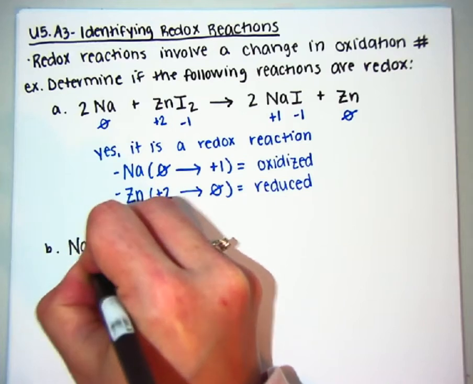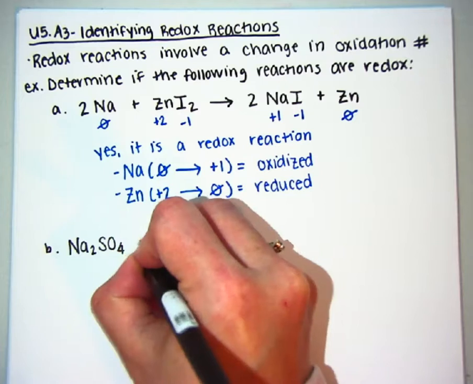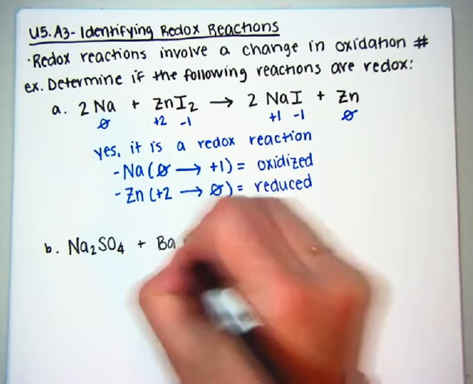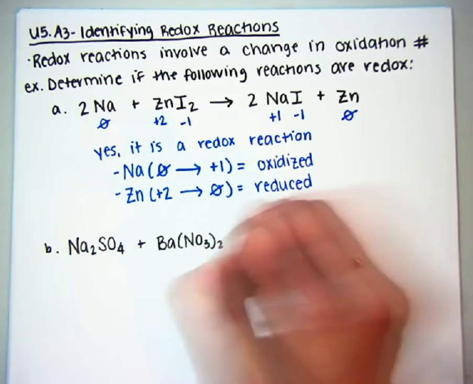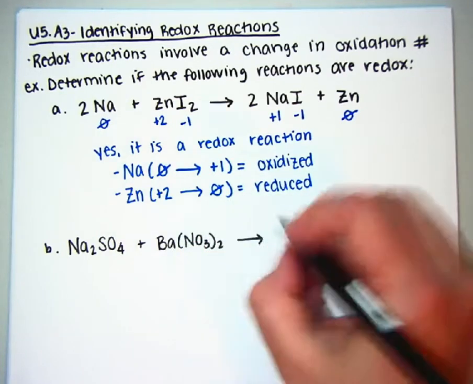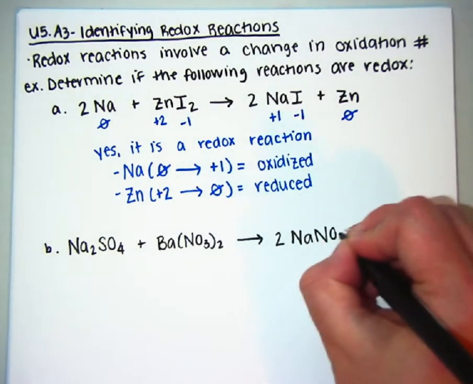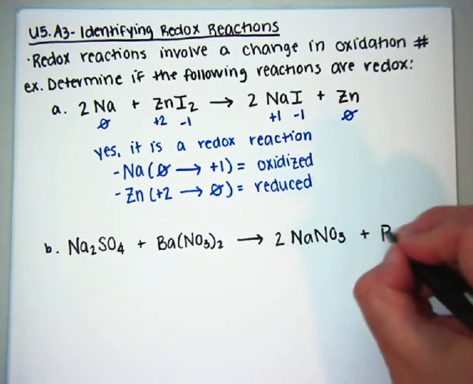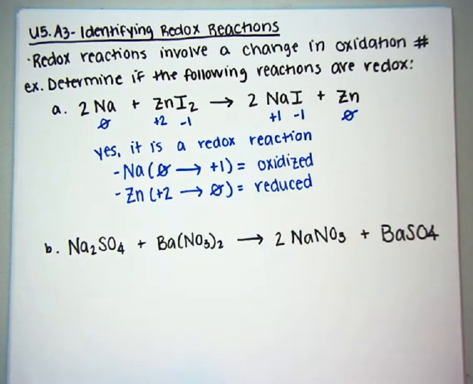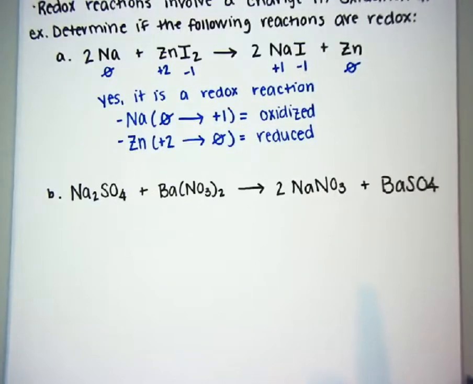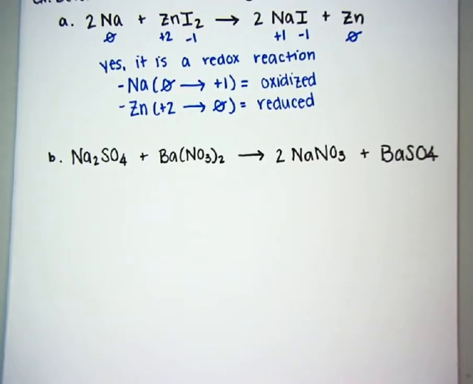Reaction B. So again, to determine if this is redox or not, we need to assign oxidation numbers, and then we're looking for a change in oxidation number.